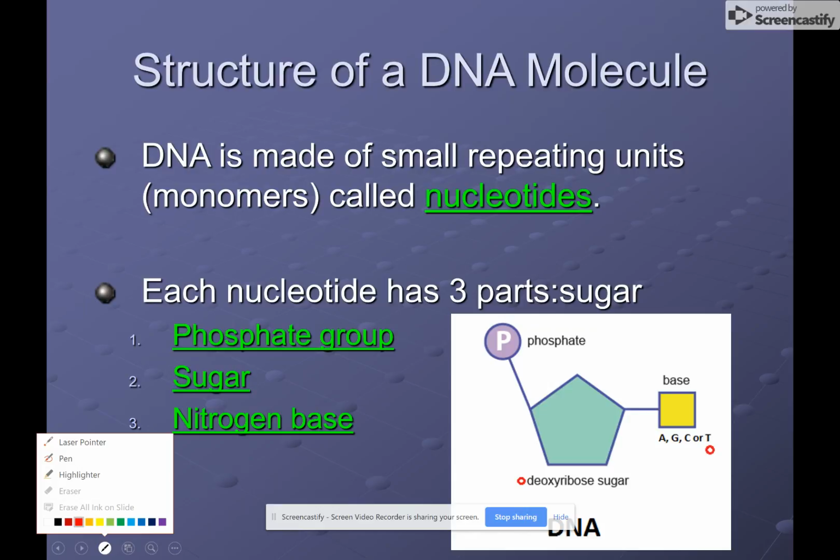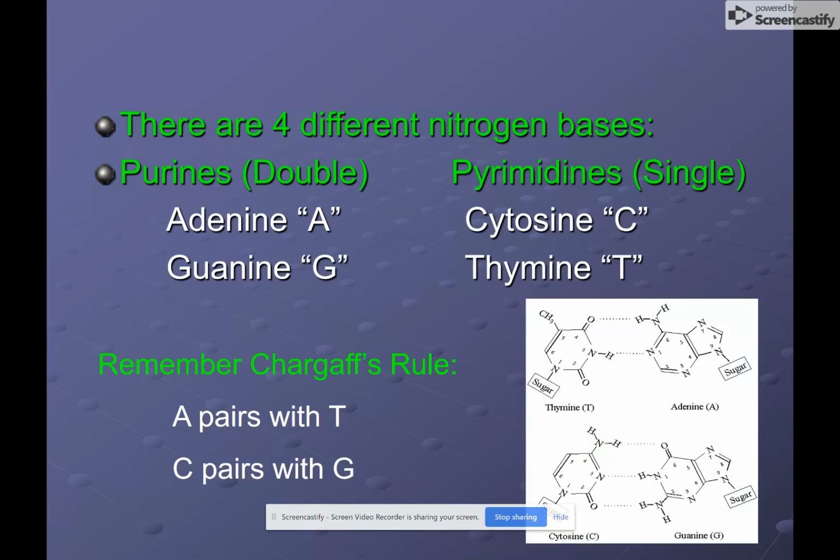And then the other side of that molecule would be its matching pair, the complement. There are four different bases. You have your purines, which are double, and pyrimidines, which are single ring structures. How I remember these is pyrimidine has a Y in it, and I think of a pyramid as a single triangle or single thing.